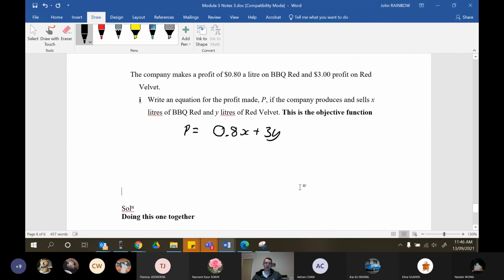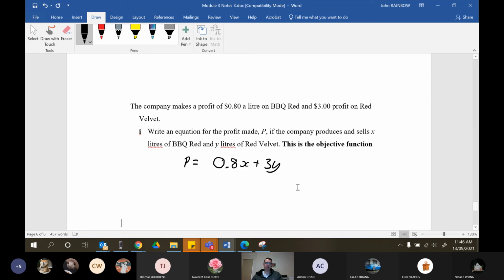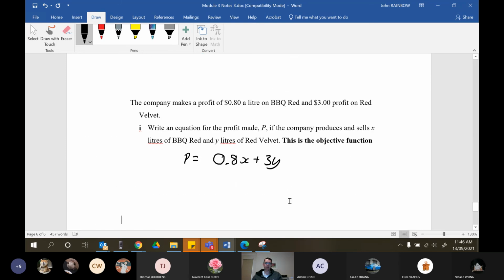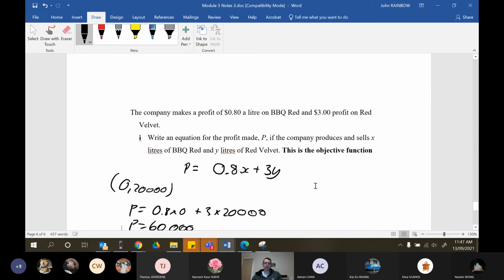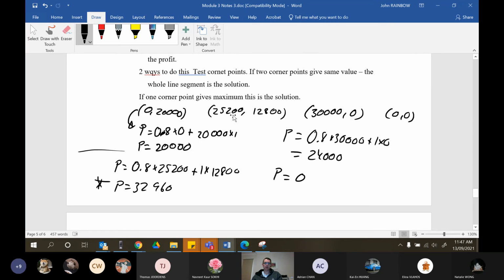Well, we know that we have a few corner points. Just look at these ones, 0 and 20,000. That would give me profit equals 0.8 times 0 plus 3 times 20,000. That's going to give me a profit of 60,000. Let's look at the next point.